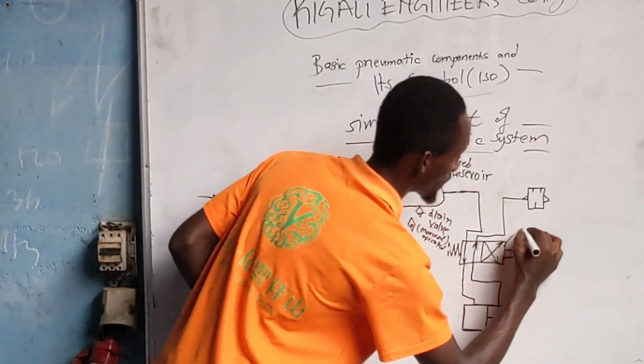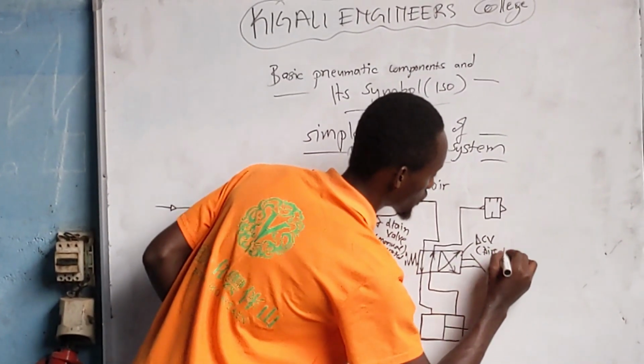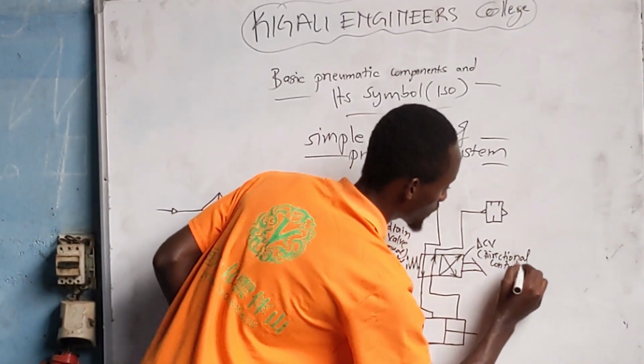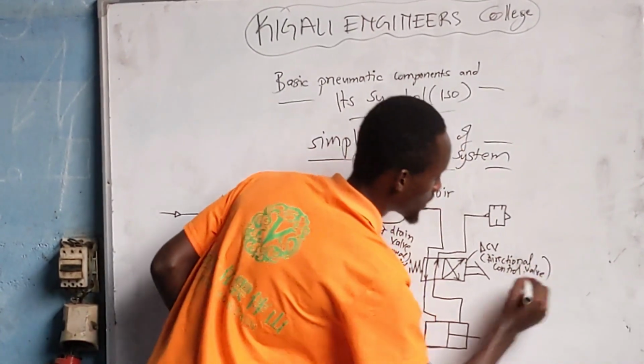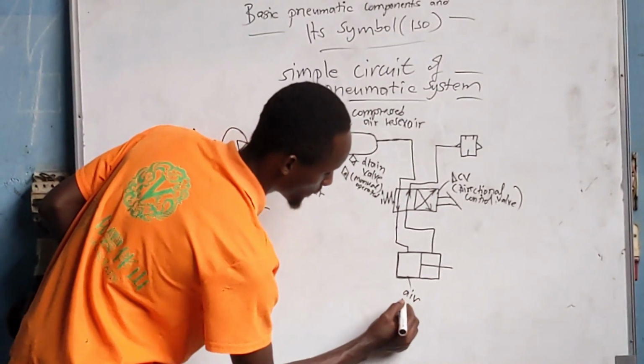So this is DCV, directional control valve. This is the air cylinder.